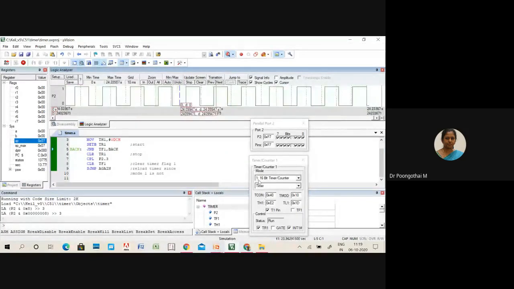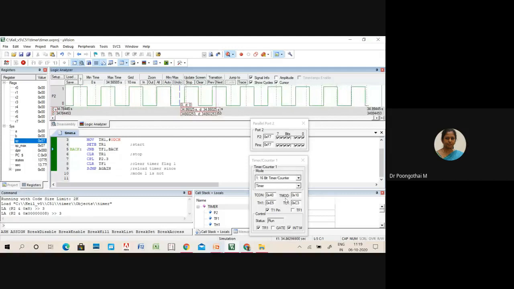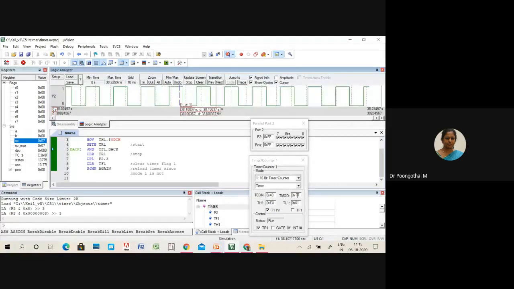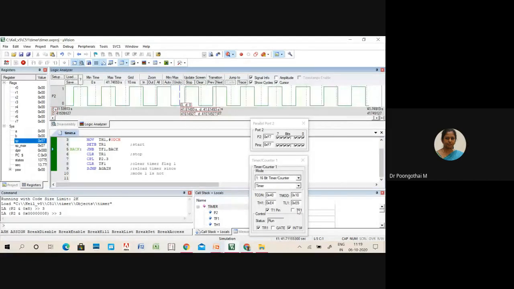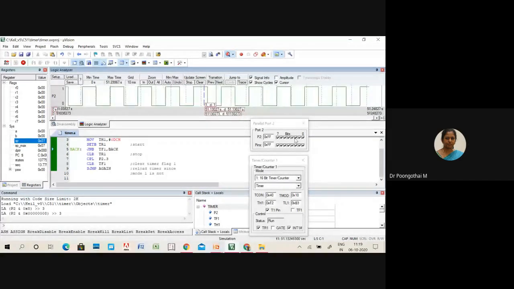Here timer 1 is in 16-bit timer mode, the TMOD value is 10 and the initial value of the timer is DC00. So a square wave is being continuously generated at P2.3.